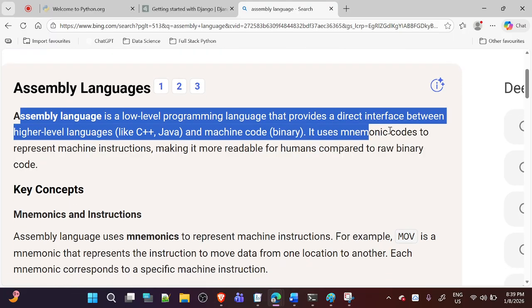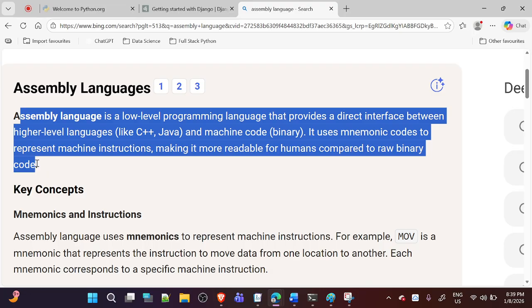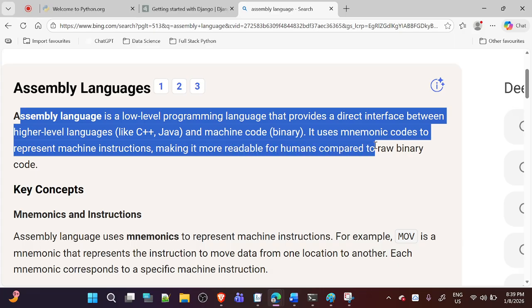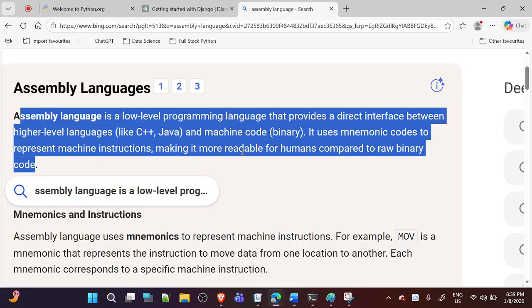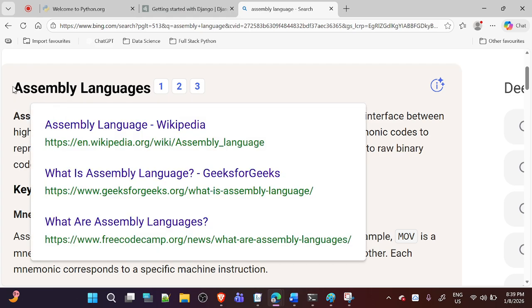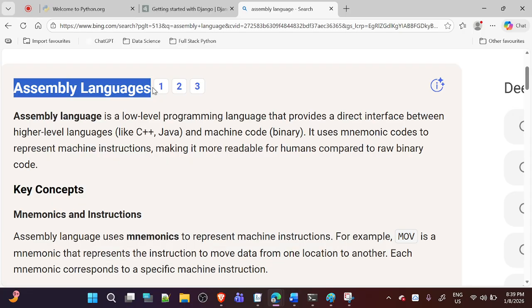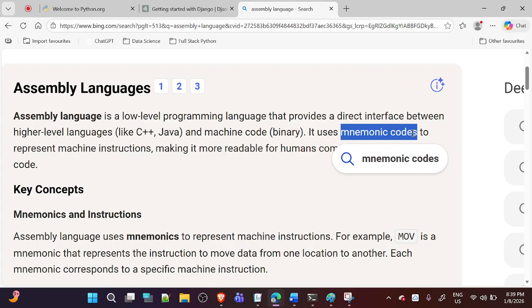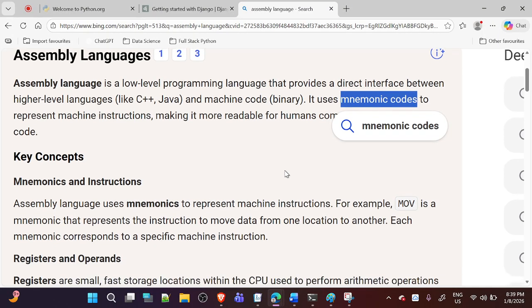It uses mnemonic code to represent machine instructions, making it more readable for humans compared to raw binary code. Raw binary code means 0s and 1s. But assembly language offers us symbols and verbs. And those symbols and verbs are known as mnemonics. Yes, that's great.